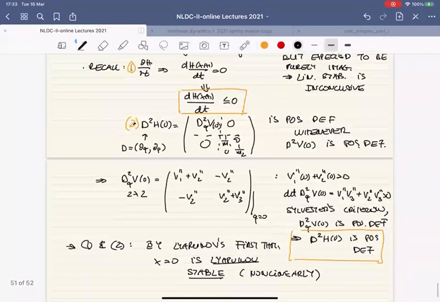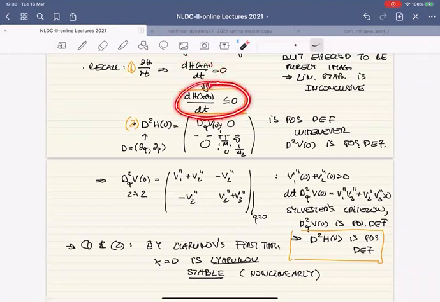This calculation is now actually true for any dimensions. I have not particularly used the dimension. It was easier to do some of the algebra in 2 dimensions, but the conclusion is generally true that if you have a Hamiltonian, and the system is autonomous, so the Hamiltonian always has this property, that's a first integral, and therefore has the property required by Lyapunov, and the Hamiltonian has a minimum at the origin, then automatically it's a Lyapunov function.